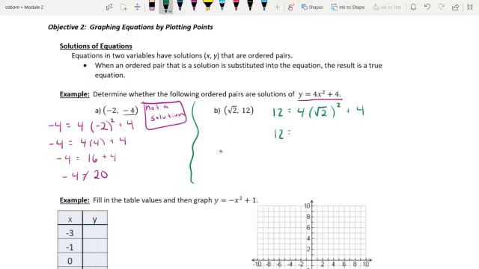Now the square root of 2 squared would simply leave me with 2. So it lets me drop my radical. So in other words, I've got 12 is equal to 4 times 2, which is 8, plus 4. So 12 is equal to 12. Now that is a true statement, and therefore the square root of 2 comma 12 is a solution.